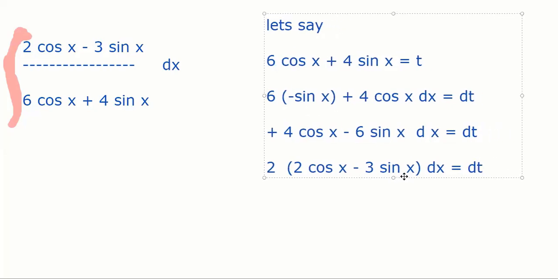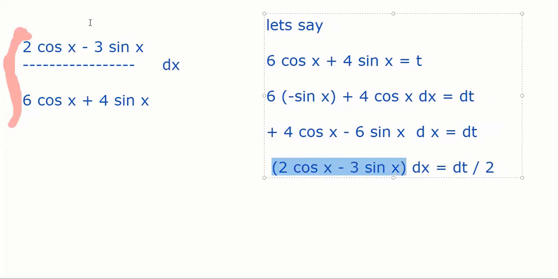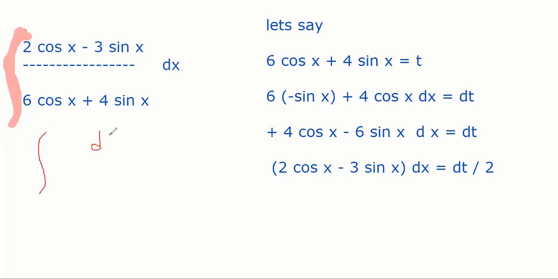और 2 को इधर ले आता हूं, dt by 2. So what it means, this is my numerator, right? अब तो एकदम easy है. So my question becomes, ये तो dx, ये हो गया dt by 2, और 6 cos x plus 4 sin x तो मेरा t था, तो dt by 2t.